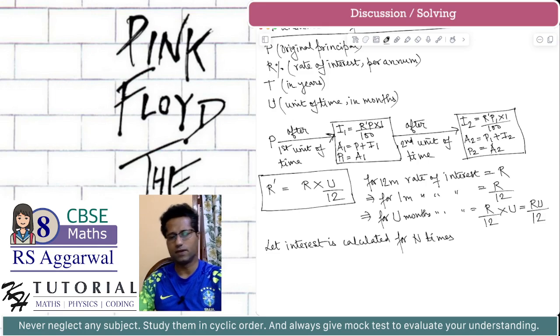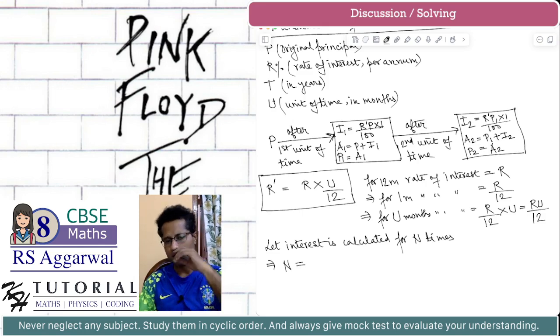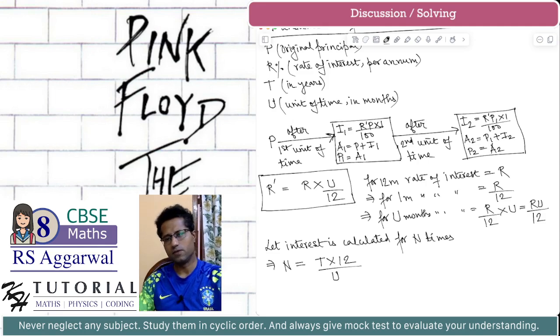We can find n. This will imply that n will be equal to the total time, which is T, also known as the period of the loan, or the calculation of the interest in months, which will be T into 12 divided by U. This is the total number of times we have to calculate the interest.